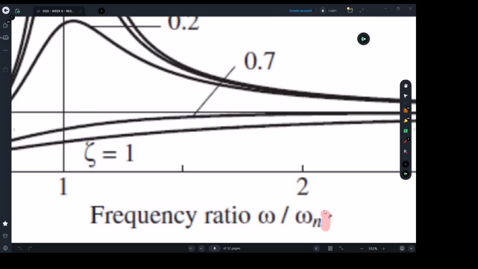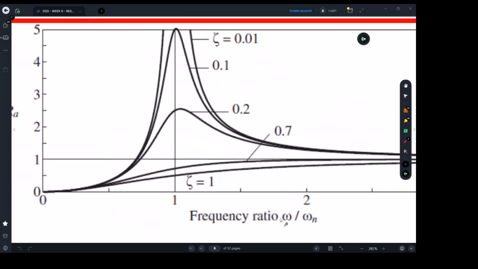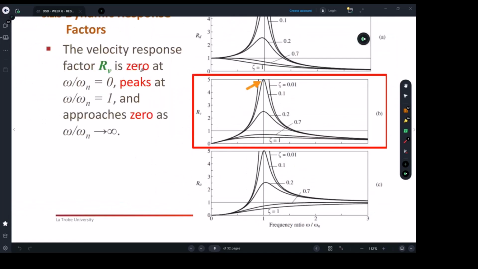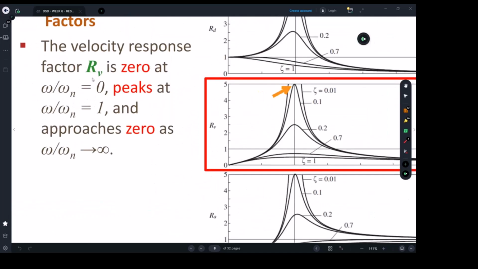Because you're always going to have a structure with a stiffness and a mass. So we're going to have omega n always. Now, if we don't have any load exciting the structure, that means the ratio is 0, then obviously the RV value is going to be 0. There's no velocity response factor.